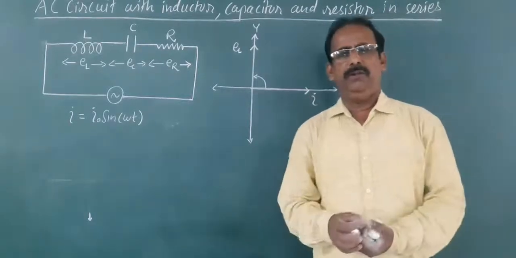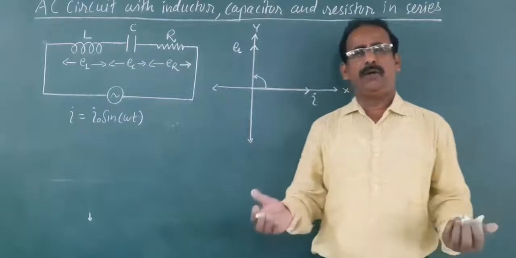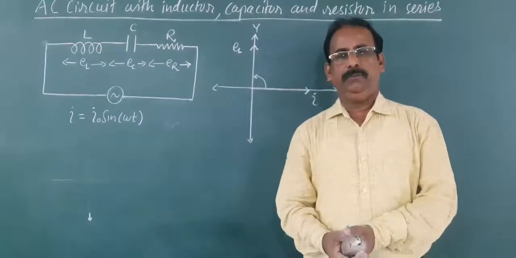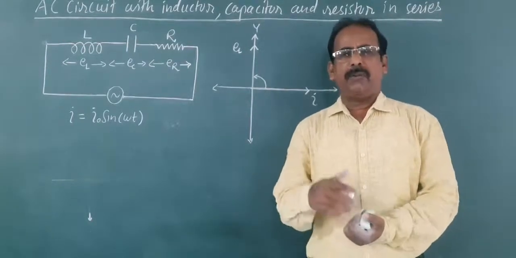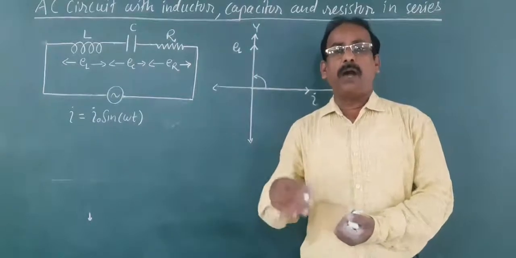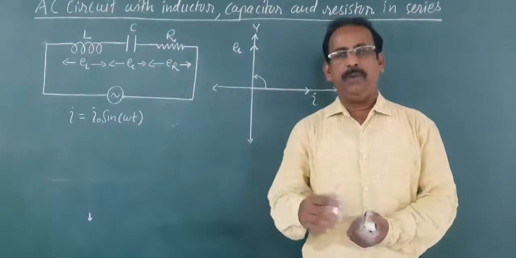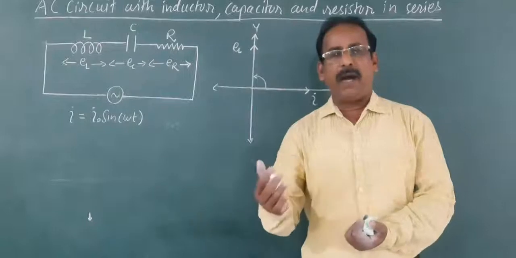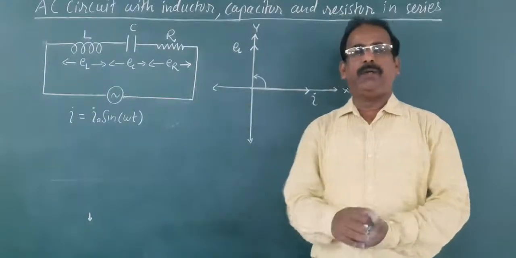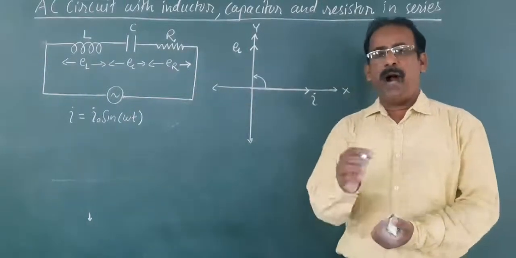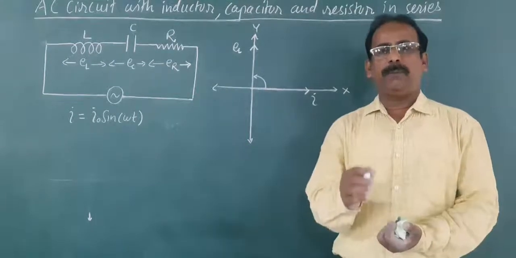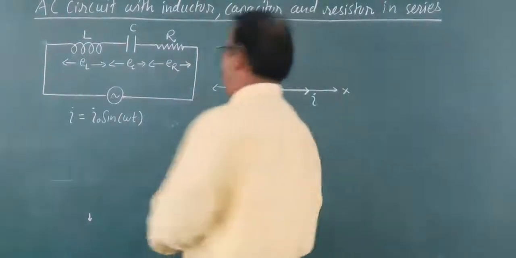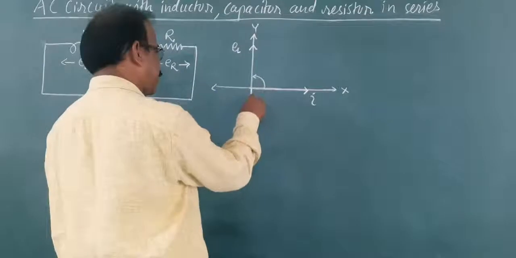EC means EMF across capacitor. In capacitor, we have studied that current is ahead than EMF, or EMF lags behind the current by pi by 2 radian. Means you have to draw phasor for EC along negative y direction.